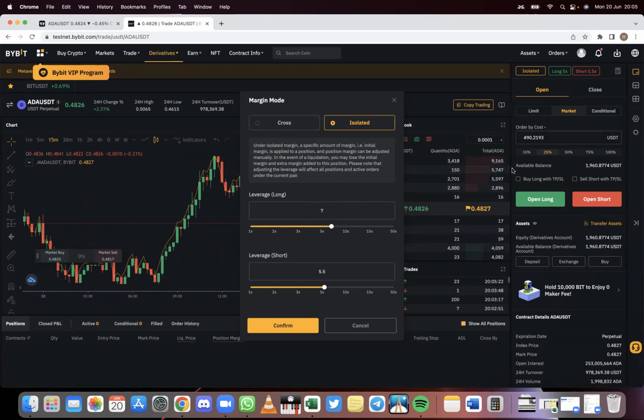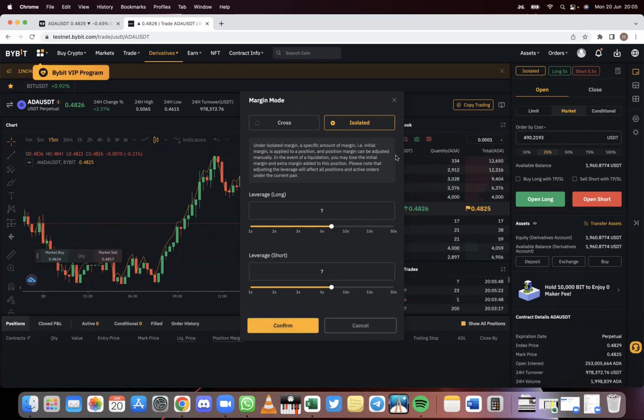Leverage means that the trading platform is lending you money, which means if you say 7, they are multiplying what you put in here by 7 times. Do you understand? So then you can put 7 there, or 5, anything up to 7 there.